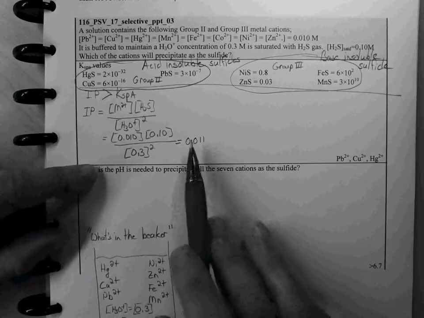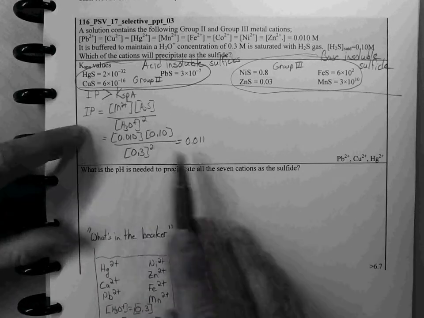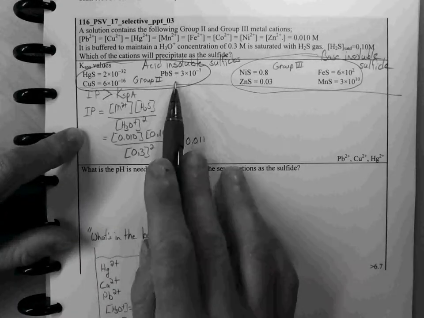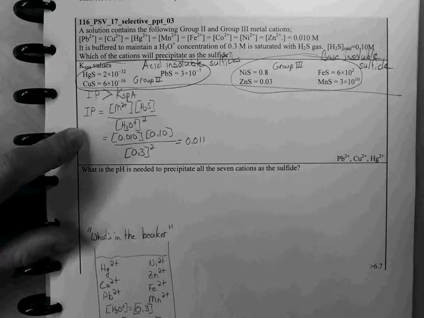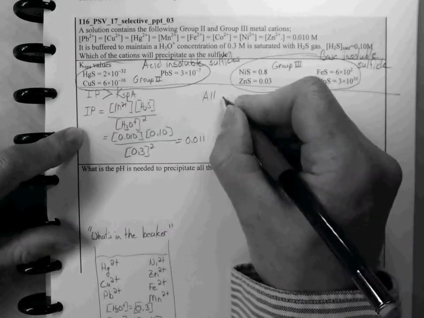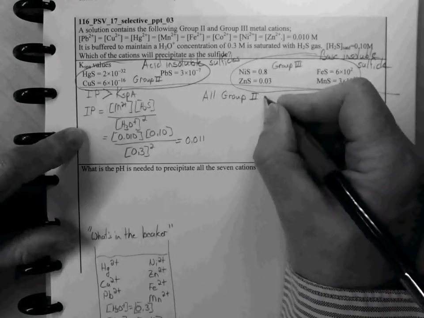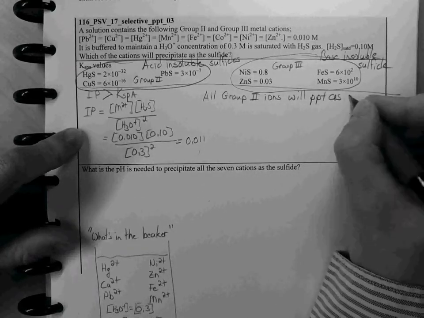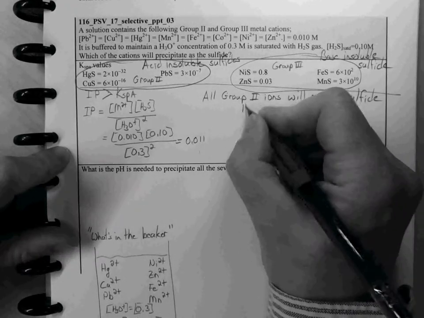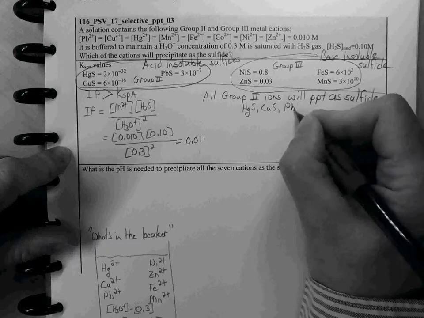And we see why right now, because all of these acid insoluble sulfides, we are in acid solution. When we calculate our IP, all of these acid insoluble sulfides are going to precipitate as the sulfide. So we're going to precipitate HgS, copper sulfide, and lead(II) sulfide.